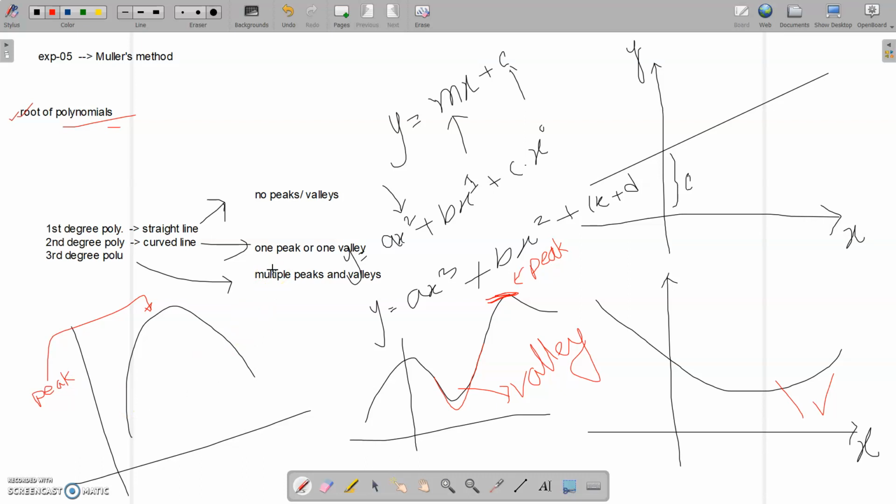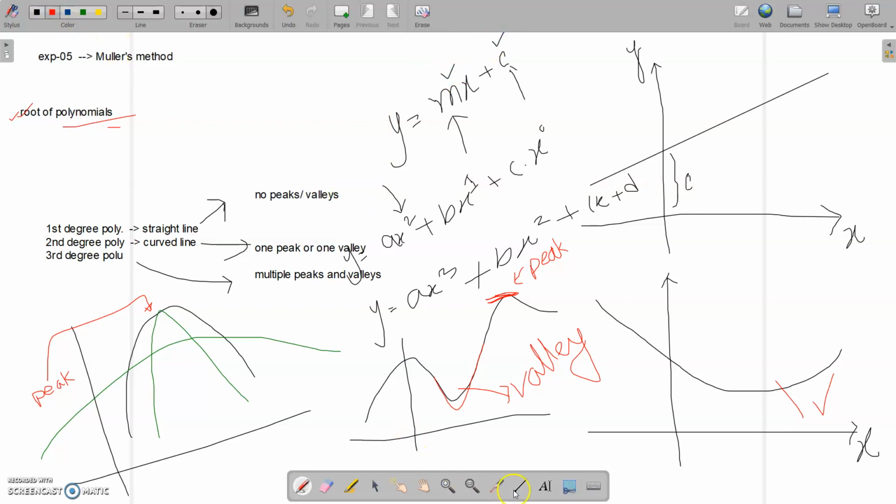Now when will it have a peak or a valley, and what will the shapes be? It can be like this, much narrower like this, or flat like this. It depends on the parameters associated with the equation. For a straight line, I have two parameters m and c.